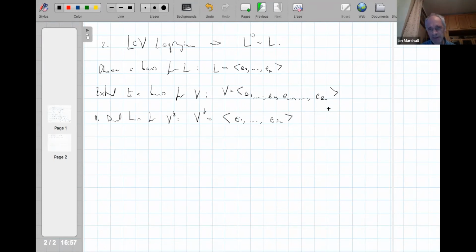And the dual basis has the standard property that everyone knows, that epsilon i acting on Ej is equal to delta ij. Or I can write it as the pairing; Anton likes to write it like this. It's a pairing between the dual space and the space. So of course epsilon 1 paired with E1 is 1, and so on.